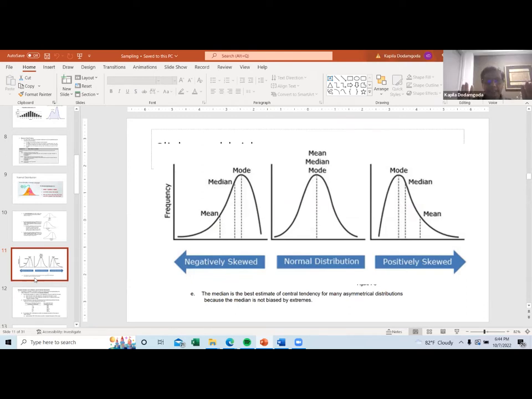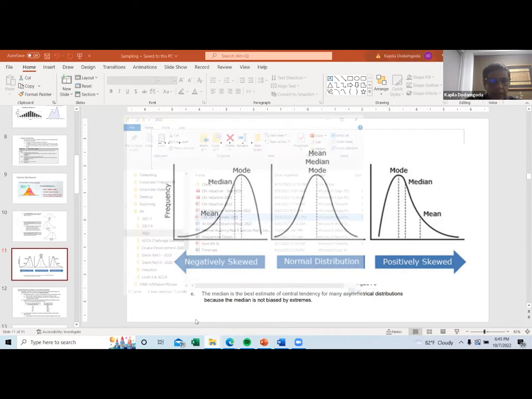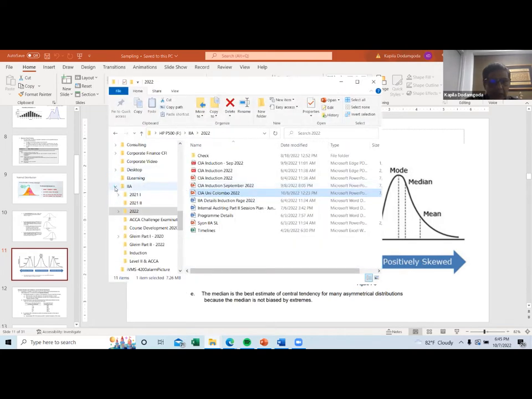Okay, it's like this, right? Yes. If you take a curve like this, can you give me a minute? I will see whether I have another presentation, whether I can show that to you, since you asked this question.